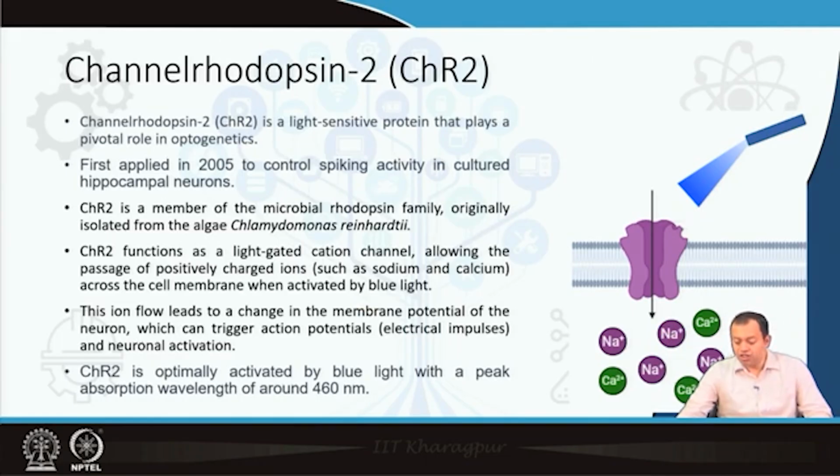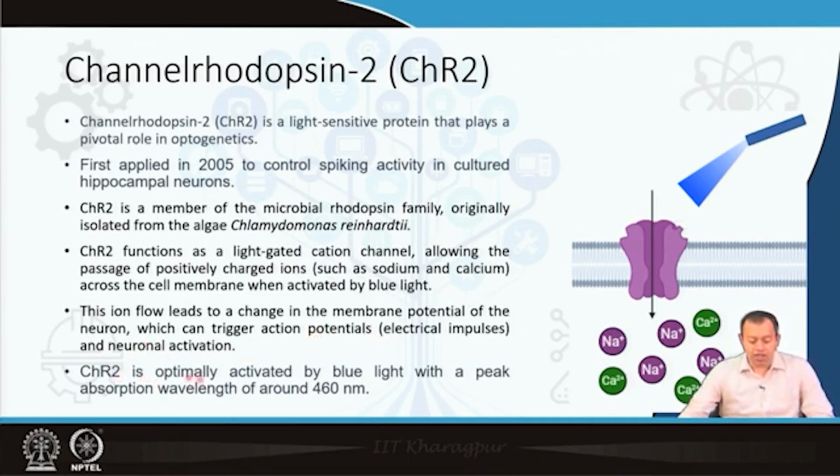So, if this was negative before, by adding positive you are neutralizing it, or if it was positive before, by adding far more positive ions you are hyperpolarizing it. You are making it much more polar, much more positive. This ion flow leads to a change in the membrane potential of the neuron, which can trigger action potentials, electrical impulses of neuronal activity.